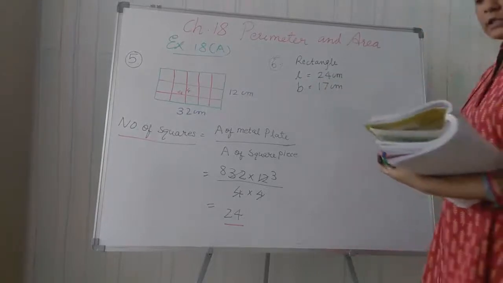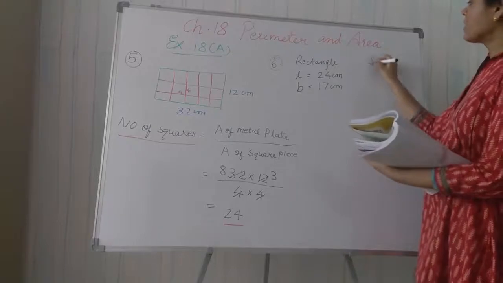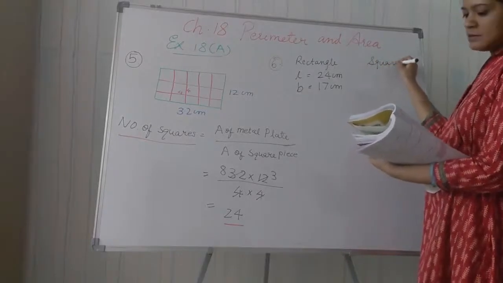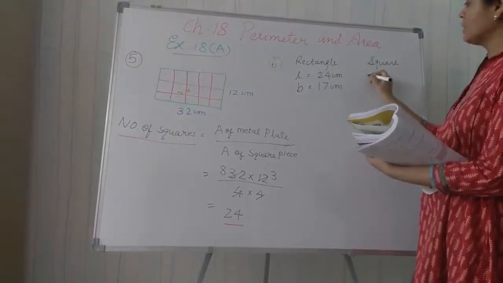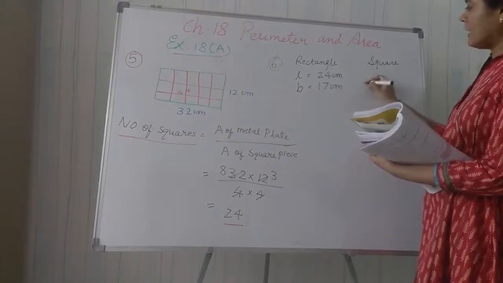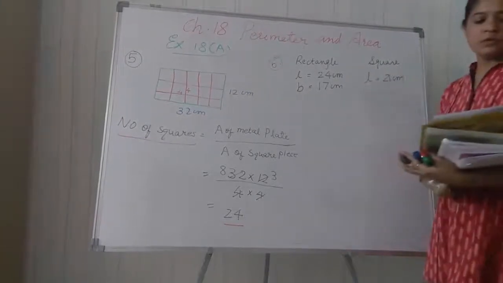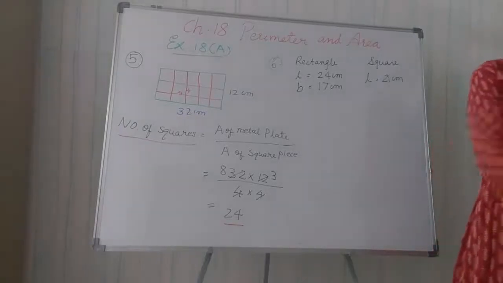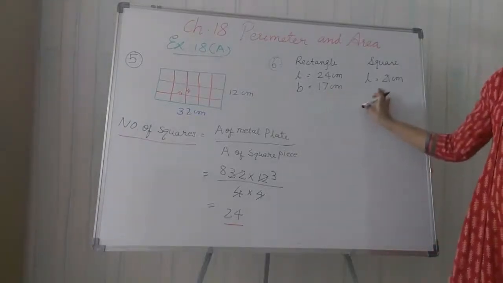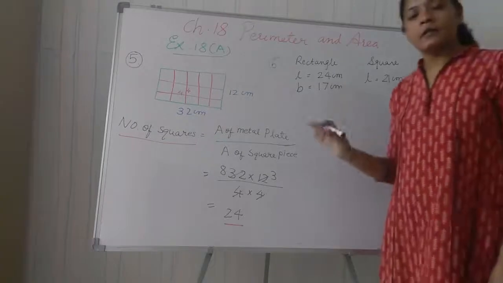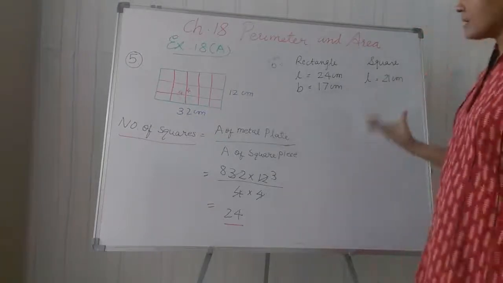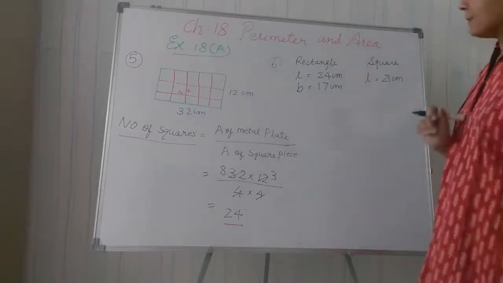Okay, and the other shape given is a square, and the square's side is given to us. So we can write length of side is 21 centimeters. So what we want is their areas, and then we decide whose area is larger and whose is smaller. Right?